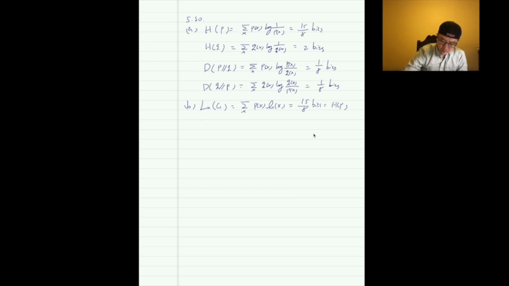And then for C2, we want to compute this one, right? The only difference here is that we have L2 here and Q here, and if we compute it, obviously that equals H(Q), right?